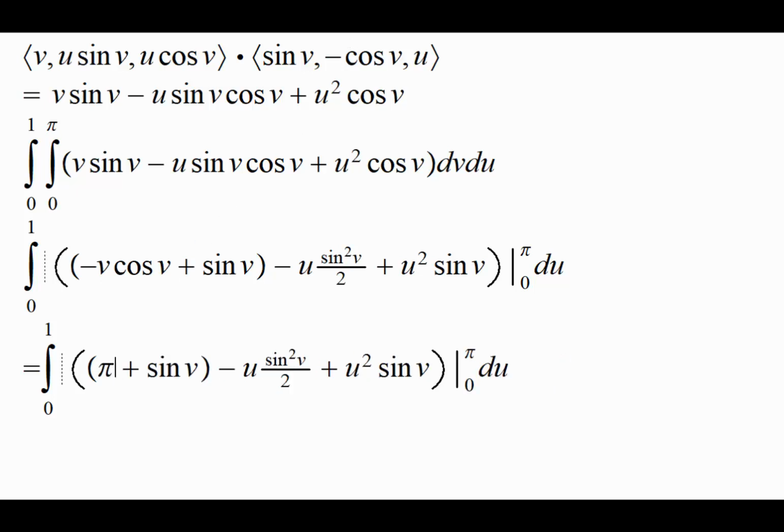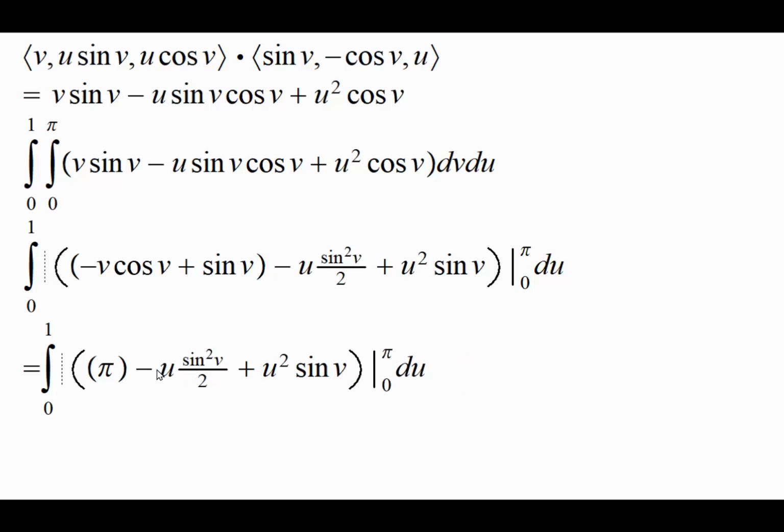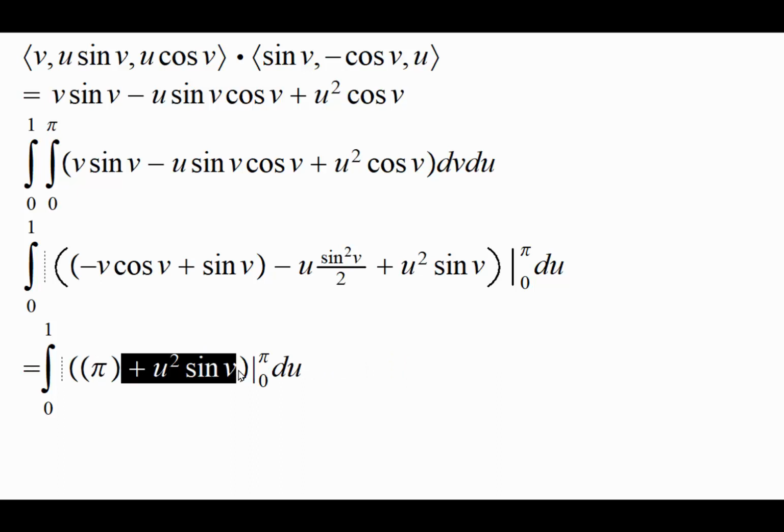So let's just write it as positive pi. Sine of pi will be 0, and then here also sine of pi will be 0. So that is out. So at pi, this whole value is simply pi.